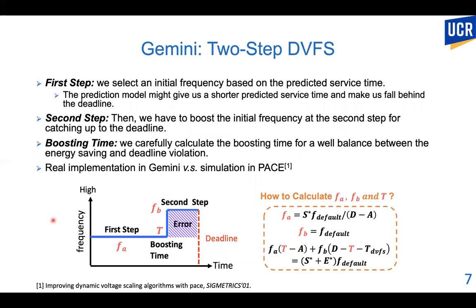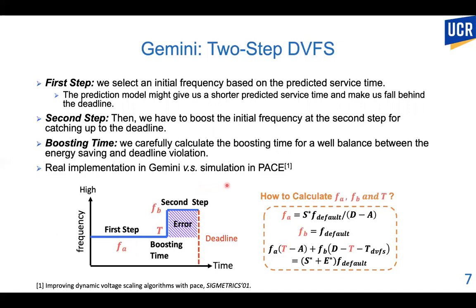In the first step of our Gemini scheme, we select an initial CPU frequency based on the predicted service time. However, the prediction model might have some errors and make us fall behind the deadline. To avoid this, the frequency has to be boosted at a second step to catch up to the deadline. The major challenge here is when we should boost the frequency to get a good balance between the energy saving and deadline violation.